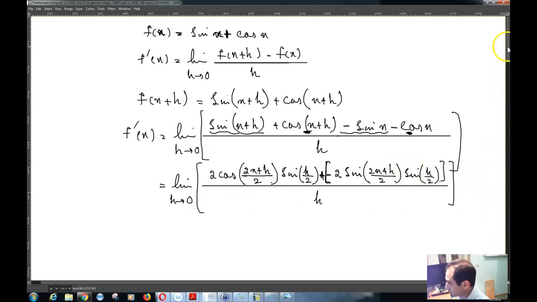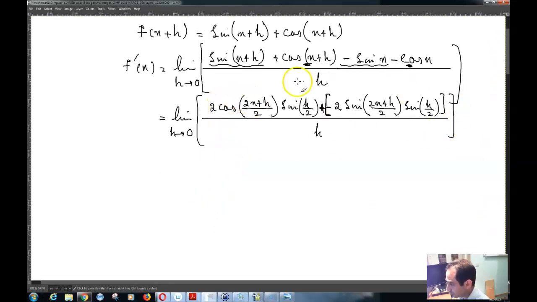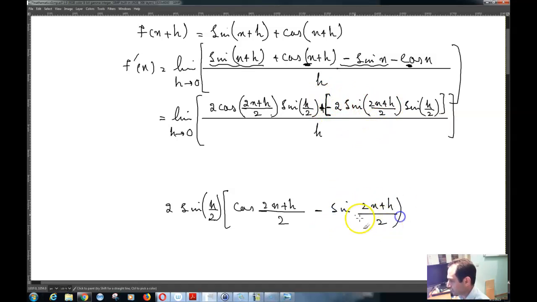If I take that out of the numerator, I will get cos of 2x plus h divided by 2 minus sine of 2x plus h divided by 2. Now let's see if we have a formula for this.